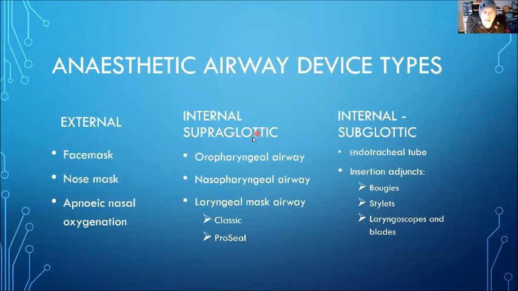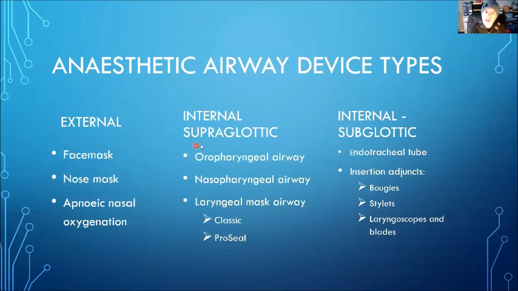These are just examples. I want to make it clear that this list, covered in this entire slide, of airway devices is by no means exclusive. This is just to give us a general idea of the classification of the most common devices that we use in our daily practice.